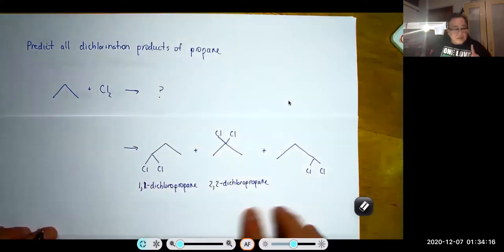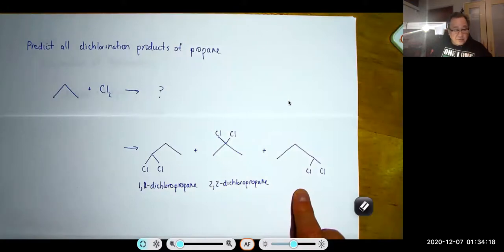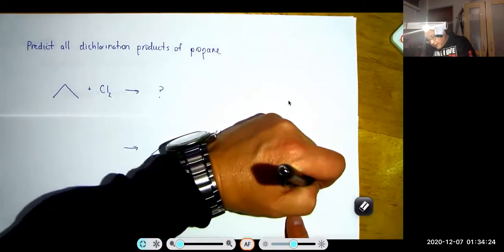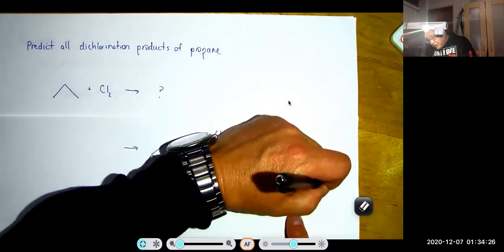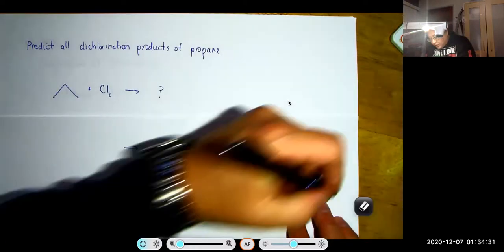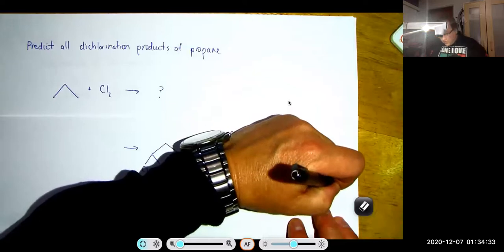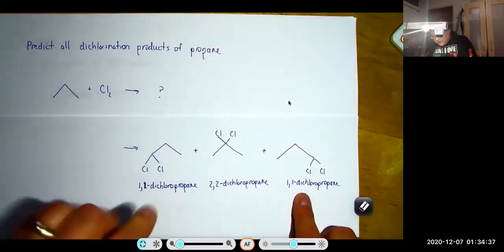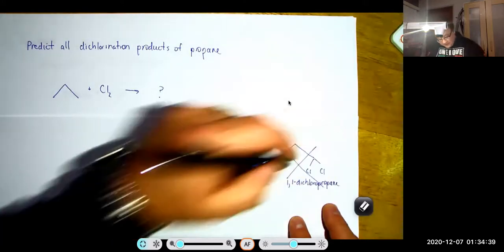And this one is not called 3,3 dichloropropane. It's called 1,1 dichloropropane. Because when we start naming this, we want to start at the end closest to the branching. And so we're going to call this carbon 1. So these guys are the same thing, and this is not a different product.